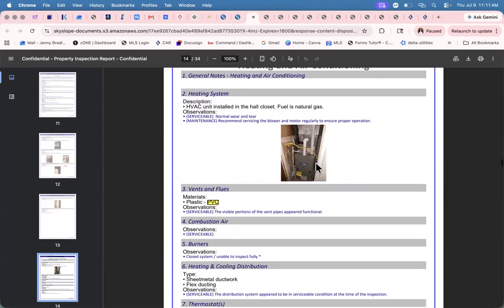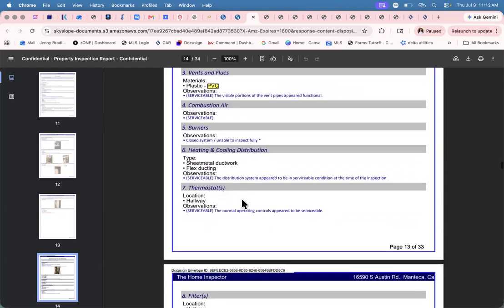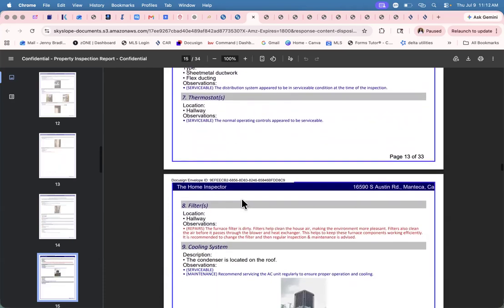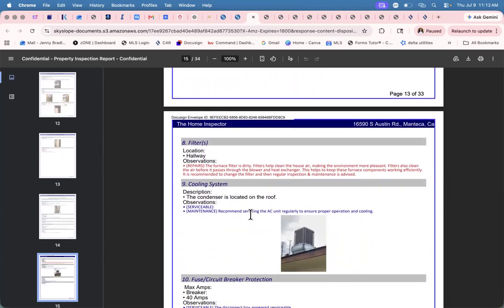All right, heating and air conditioning, HVAC system. It's pretty good. Okay, observation of the furnace, sort of dirty. And here's one thing too, if you're representing the seller, and buyers, a lot of people think that when you do these inspections and all these reds come up, all this stuff that they're noting has to be fixed.